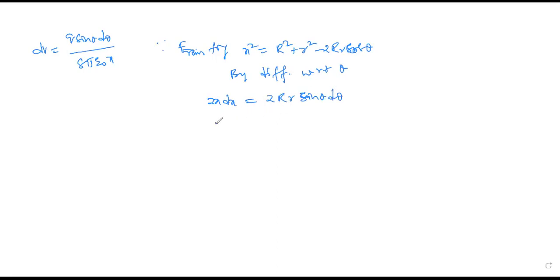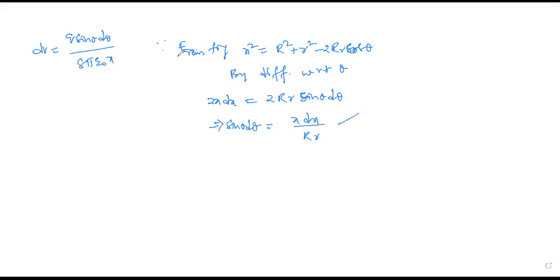From here, you can write sin theta d theta should be equal to x dx by capital R small r. Take this and substitute it in place of sin theta d theta.